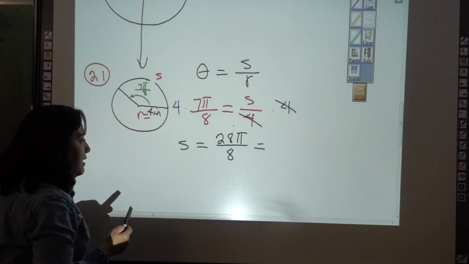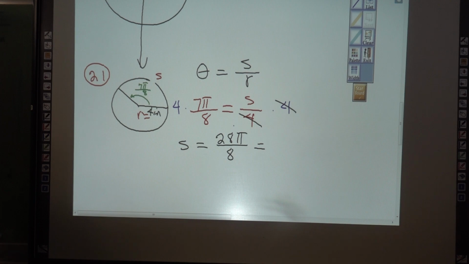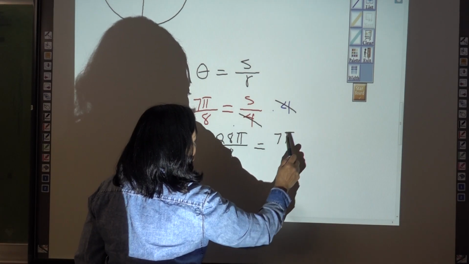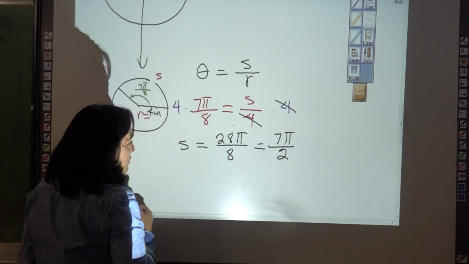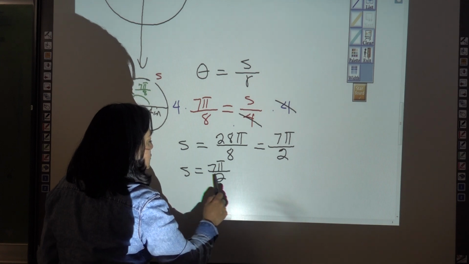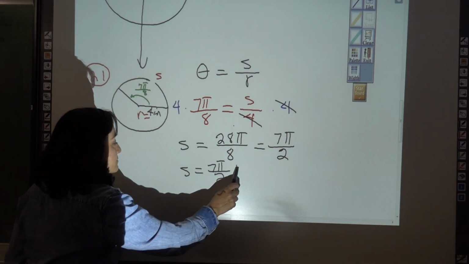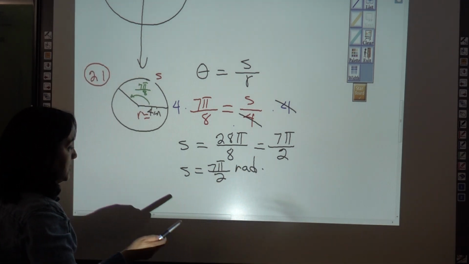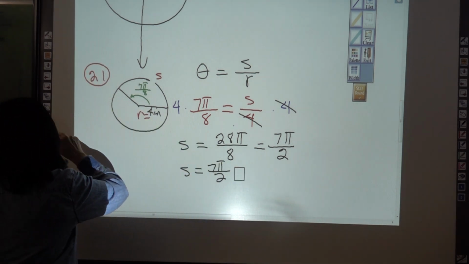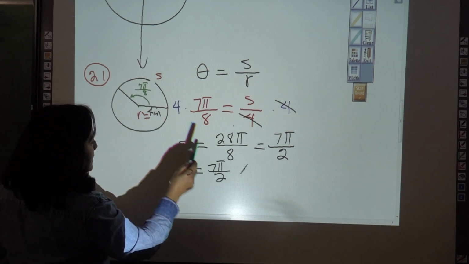And divided by 4 in both parts, we have this is equal to 7 pi over 2. So S is 7 pi over 2. Oh, sorry, it's not radians, it's the measure of the arc. In this case, it is going to be inches.